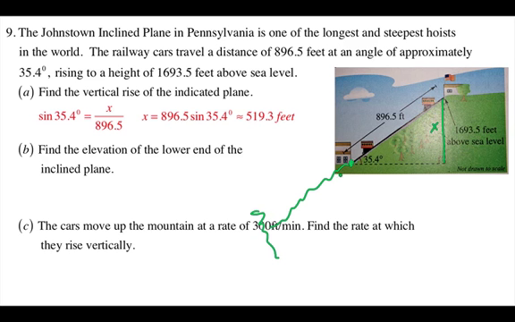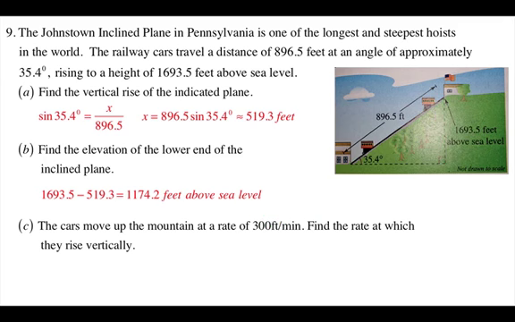So all we need to do is take 519 and take that away from this point right here, and that's how we get this, the elevation of the lower end of the inclined plane, which is from here to sea level, 1,174.2 feet above sea level.